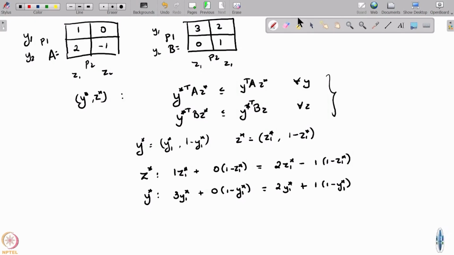Is this clear how I got this? This one comes from equating the expected payoff from these two, and this one comes from equating these two.